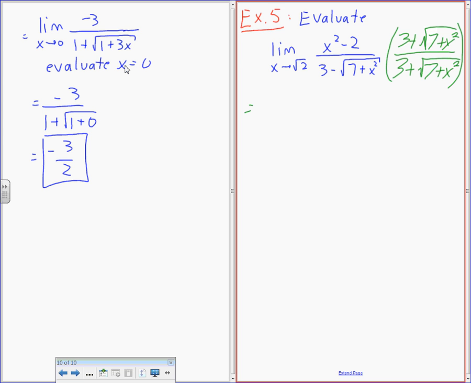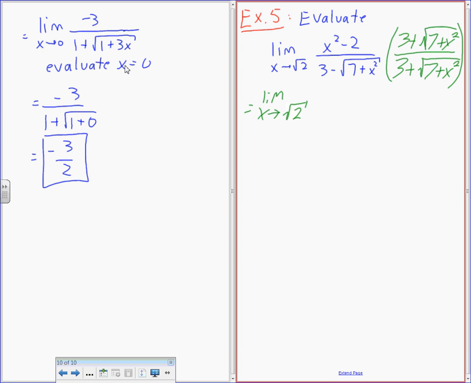So you have to think to yourself, I either want to get rid of the x squared minus 2 in the numerator, or I want to get rid of the 3 minus root of 7 plus x squared in the denominator. It is impossible to get 3 minus root of 7 plus x squared in the numerator, right? So what we're probably looking at is to find a way to get x squared minus 2 in the denominator and cancel that. And theoretically, that's what we're trying to do.